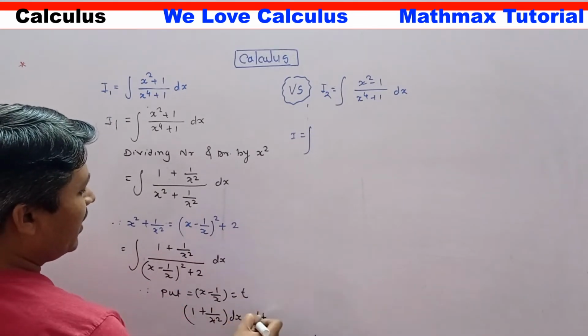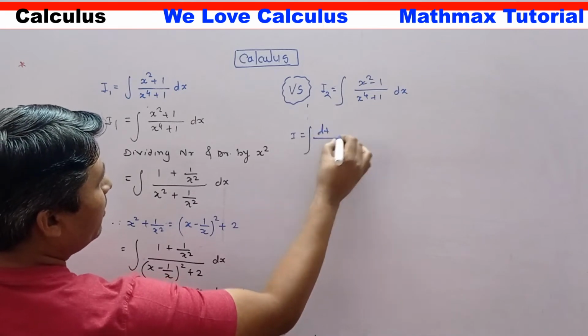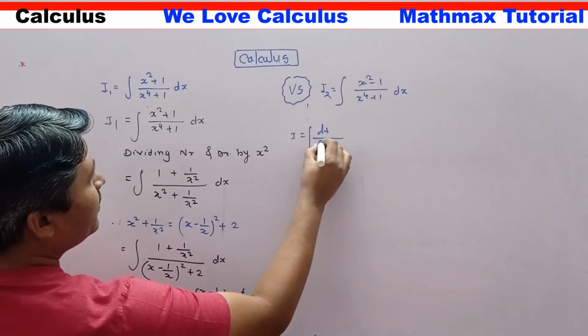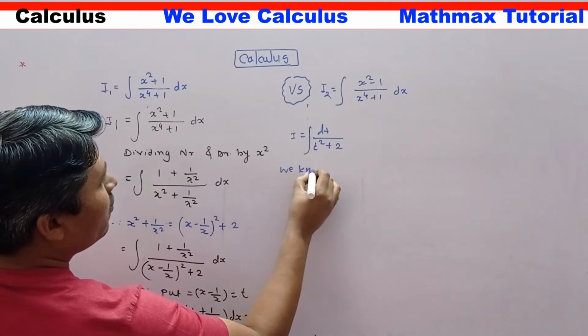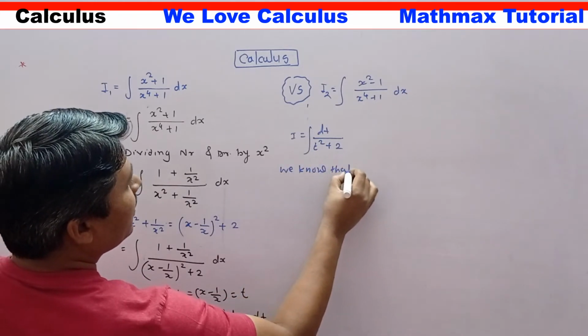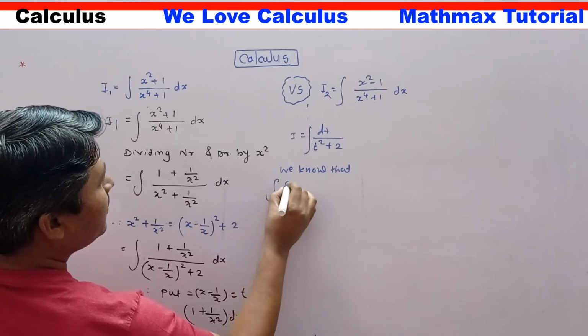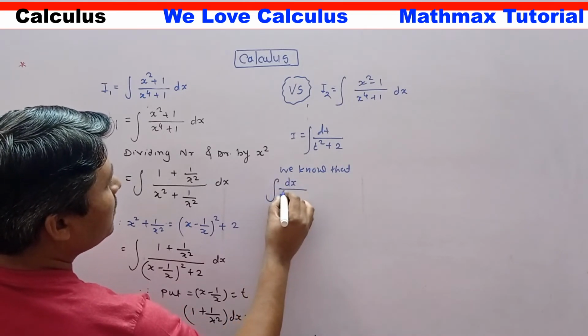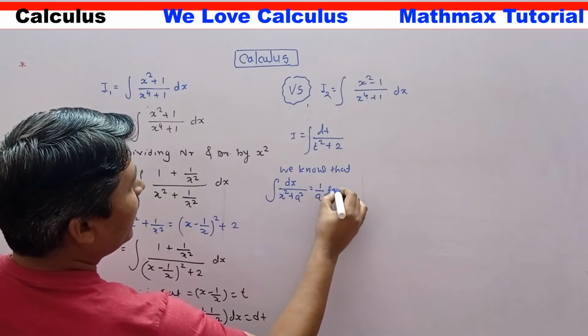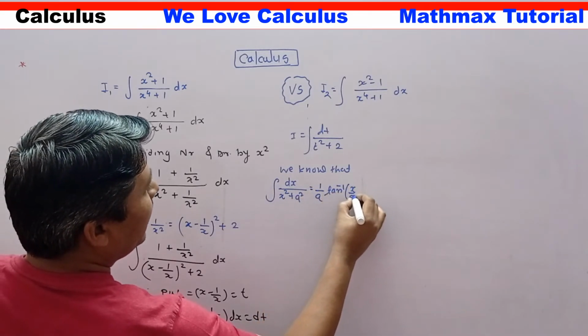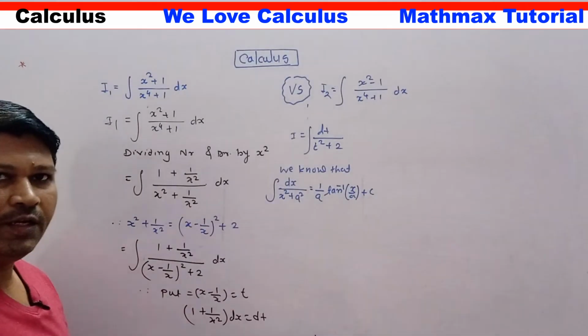Then this integral becomes the integral of dt divided by (t square plus 2). We know the related formula: the integral of dx upon (x square plus a square) equals 1 upon a tan inverse (x by a) plus c, where c is the constant of integration.